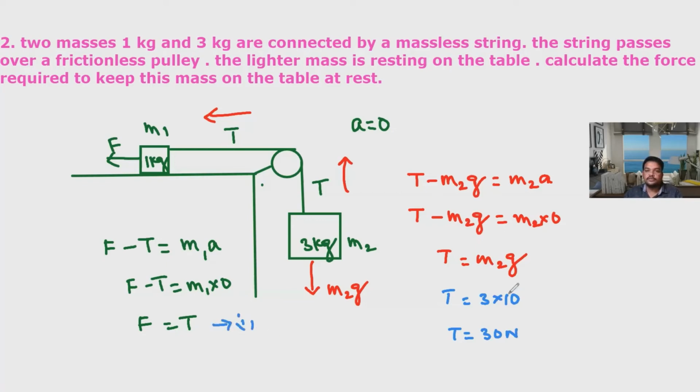From the first equation, F is equal to T is equal to 30 Newton. This is the force required on the body M1 to keep it at rest on the table.